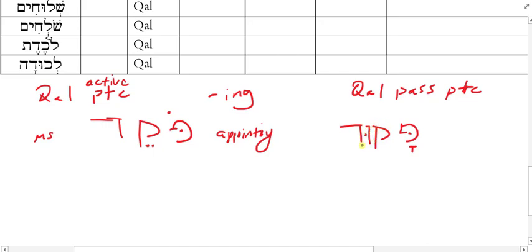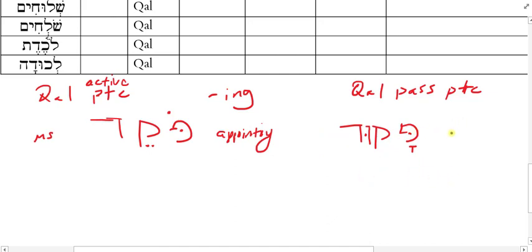So that shureq will never change, in that it will never reduce to vocal shewa. I may add a qamets he to this dalet to make it feminine singular, and when that dalet slides over and goes with the vowel and leaves this open and pretonic, I would normally reduce that to vocal shewa with my verbs, but I can't reduce a historically long vowel to vocal shewa, so that shureq will stay put. I could see the qamets reducing to vocal shewa. Paqud, and then p with the vocal shewa, pequdah. Pequdim, pequdot.